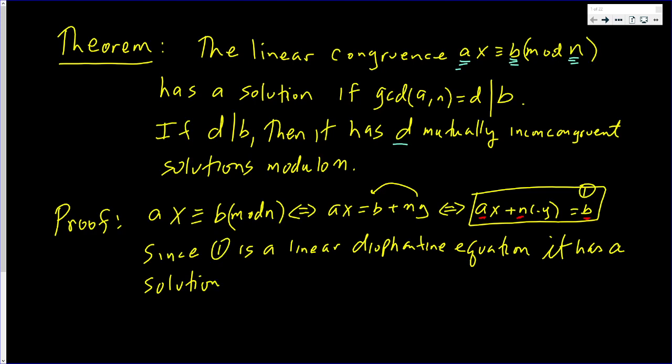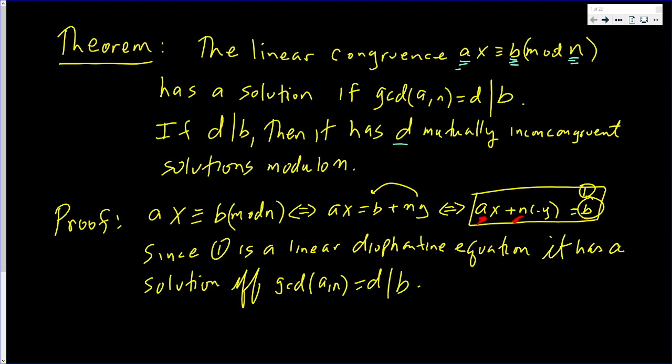It has a solution if and only if the GCD of those two numbers divides that number b. Actually, it's the other way: if and only if the GCD of a and n, which I'm calling d, happens to divide b.